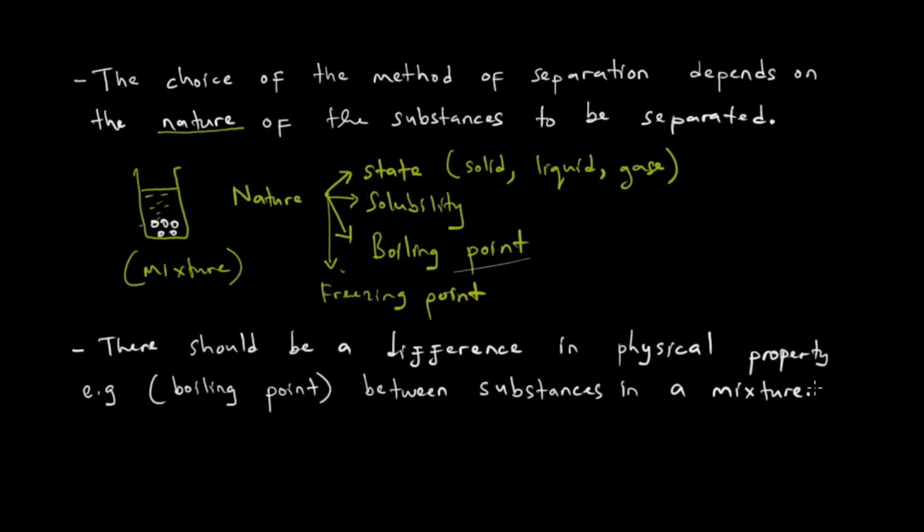So let us look at this point. There should be a difference in physical property, ndobva example a boiling point, between substances in a mixture, because we want to separate the substances in a mixture. So for example, let us say kuti we have two liquids which have been mixed, but they have different boiling points.